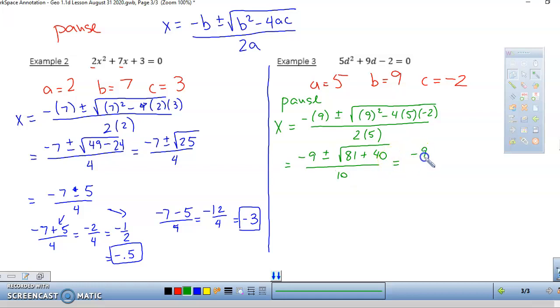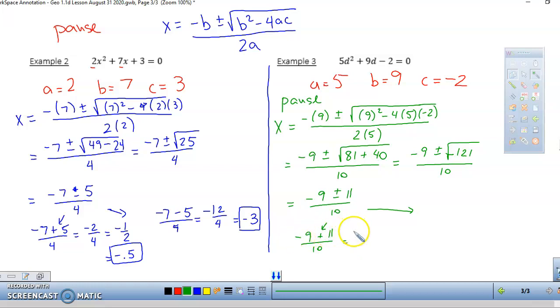Okay, so I get negative 9 plus or minus the square root of 81 plus 40 is 121. Again, if you use the calculator, you know that square root of 121 is equal to 11. Oops, I forgot the over 10. So over 10, and then again, we're going to split it up into two expressions. So negative 9 plus 11 over 10.